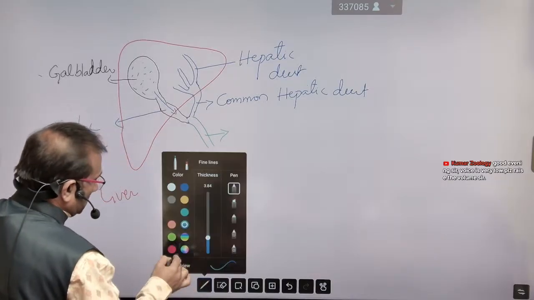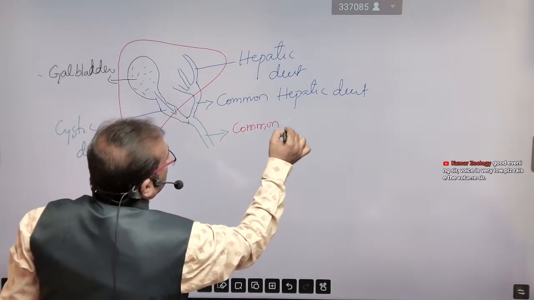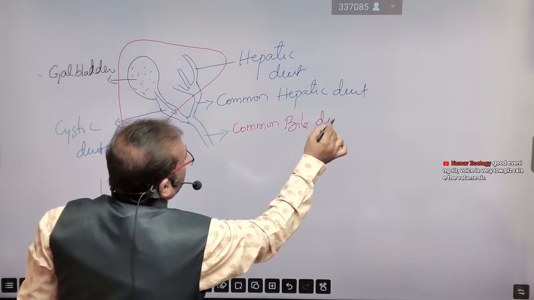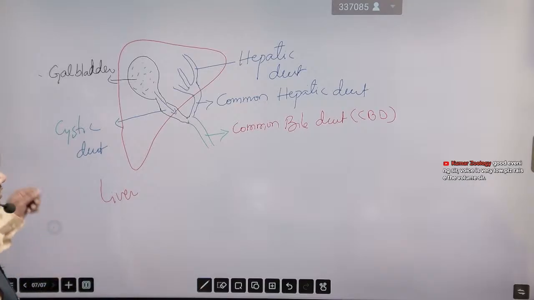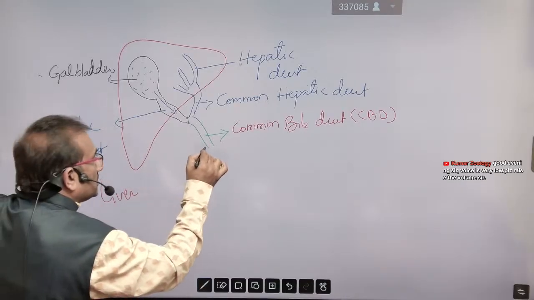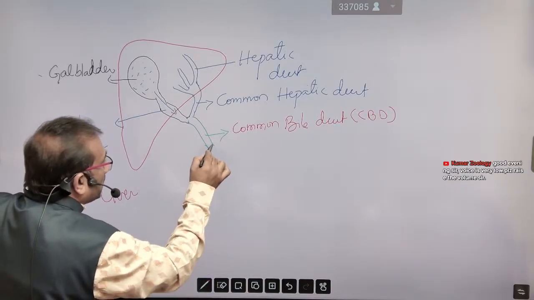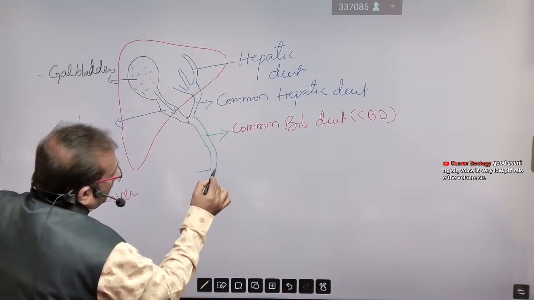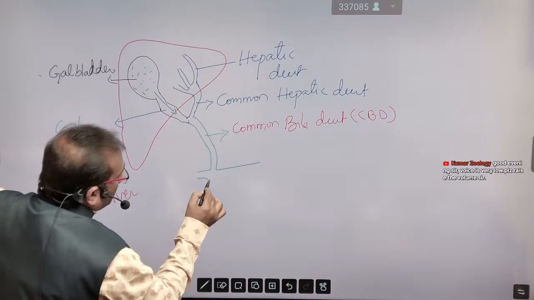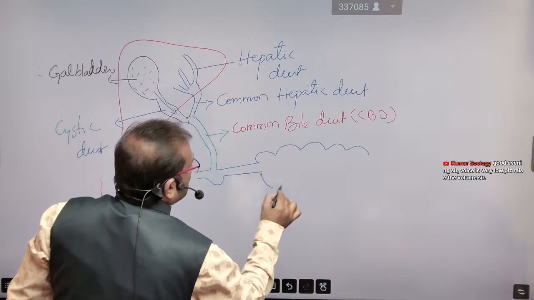This is known as the common bile duct, CBD. CBD is most important. This common bile duct comes down and opens into or links with another gland, the next most important gland we are discussing, that is the pancreas.